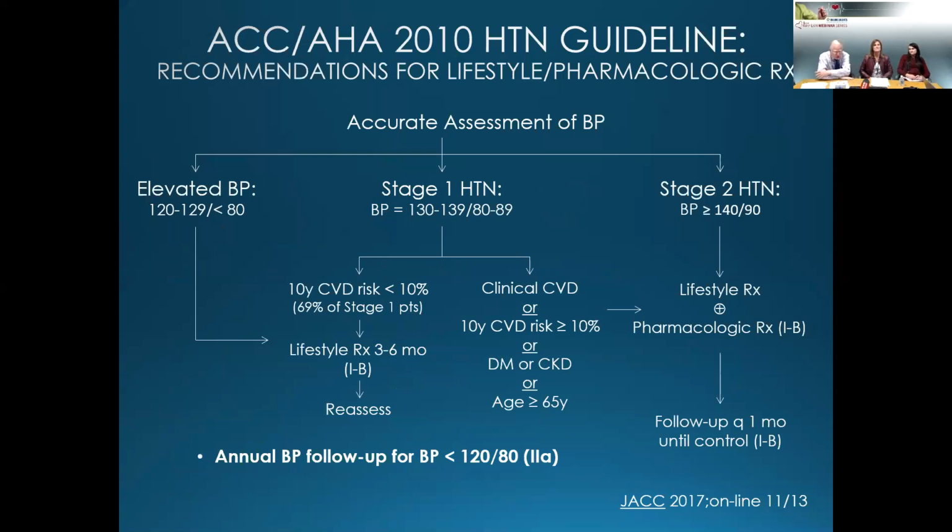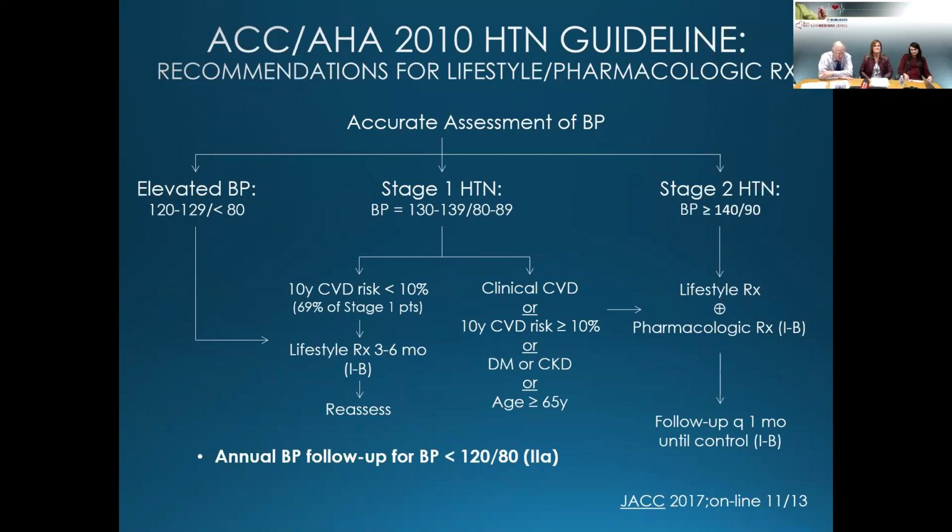This slide summarizes the ACC/AHA 2017 recommendation for both lifestyle and pharmacologic therapy. Note that patients on the left of the slide who have an elevated blood pressure, 120 to 129, less than 80, receive lifestyle therapy alone. Patients with stage 1 hypertension with a blood pressure of 130 to 139 or 80 to 89, if they have a 10-year cardiovascular risk less than 10%, receive only lifestyle therapy, no pharmacologic therapy for those patients.